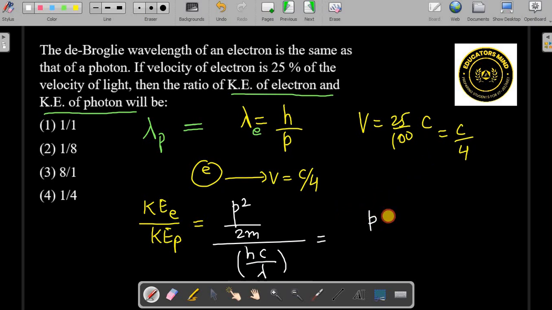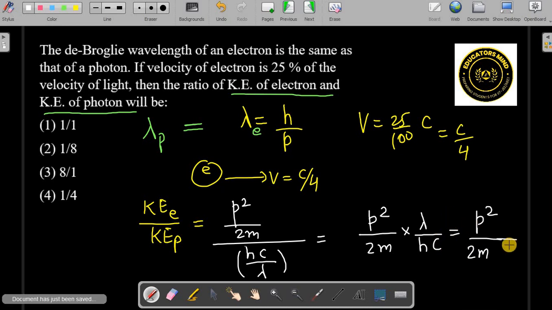So p square by 2m will be this side, and this lambda will come in the numerator. Lambda can also be written as h by p, isn't it? Or lambda by h is nothing but 1 by p. So p square by 2m, here lambda by h has become 1 by p. So there will be p here and c here.